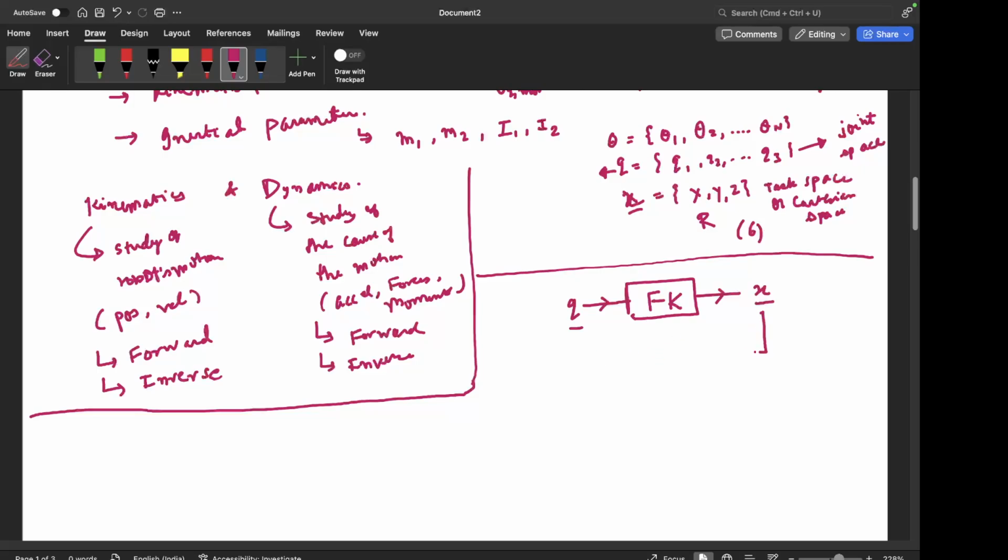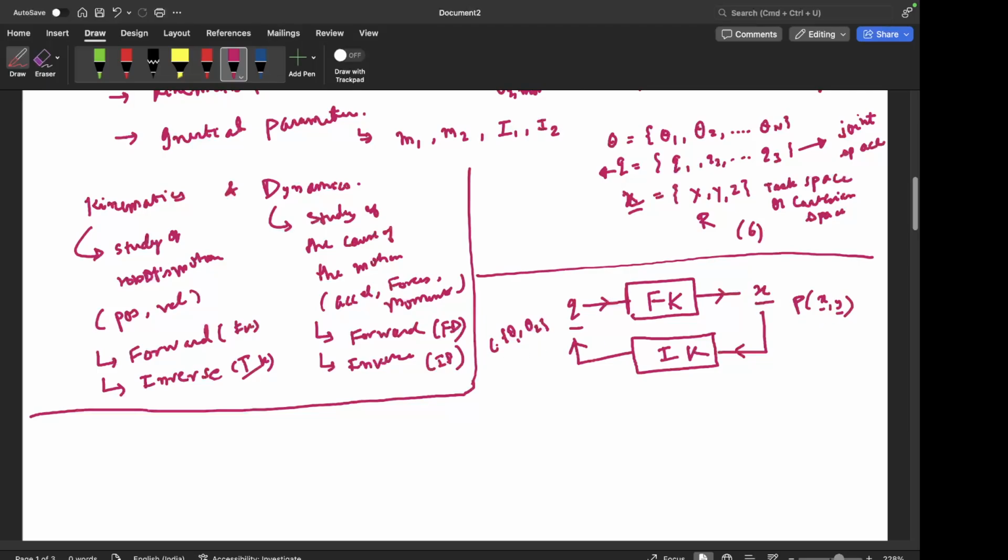And the reverse is done by IK, or the inverse kinematics. So this is FK, this is IK, this is FD, and this is ID, right? So for the 2R case, knowing theta 1 and theta 2, calculating the x and y coordinate of the end effector, that is the forward kinematics problem.